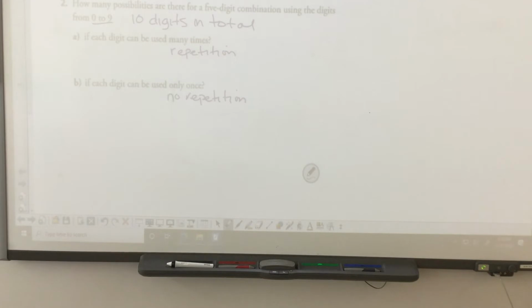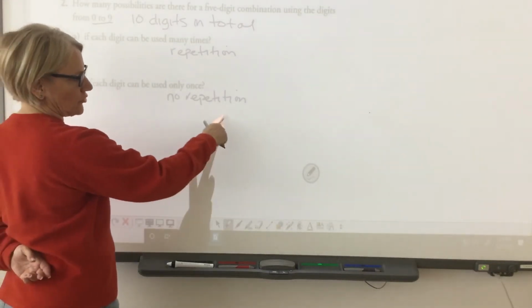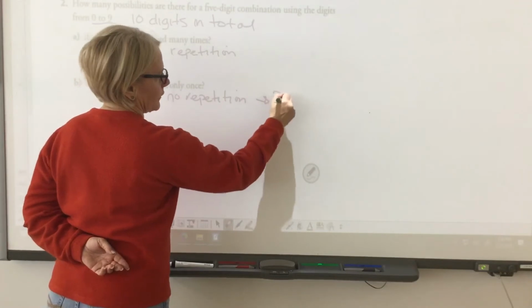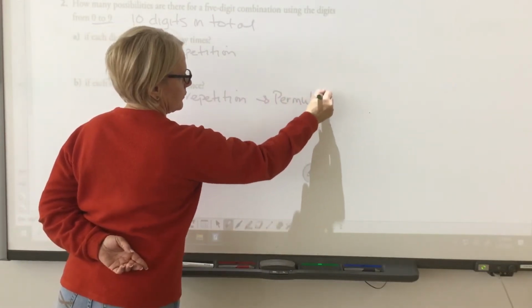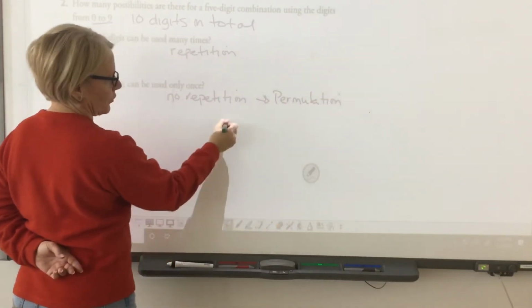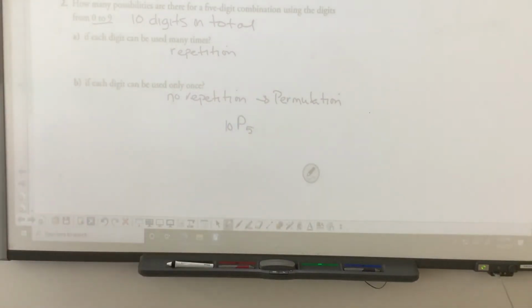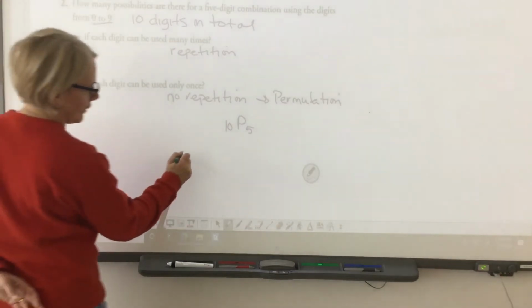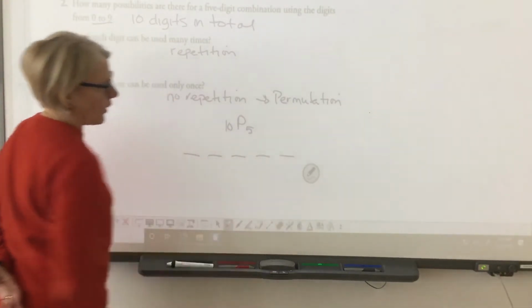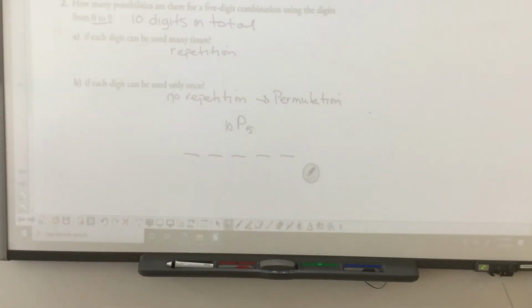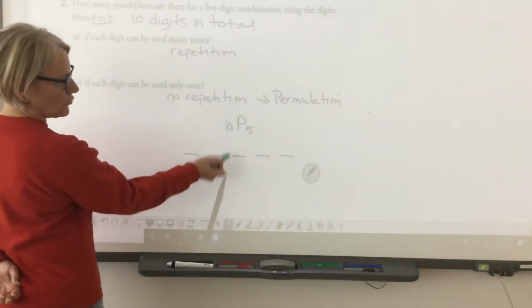So, okay, I'm selecting a subset, so I might start thinking, is it a permutation or a combination? If you're not allowed to have repetition, then this is definitely a permutation. And I could go 10P5. Or I could think of it that I'm going to put down 5 slots and I'm going to think about the possibilities for each of those slots. These are the same.